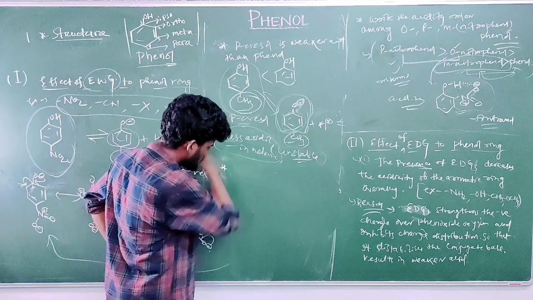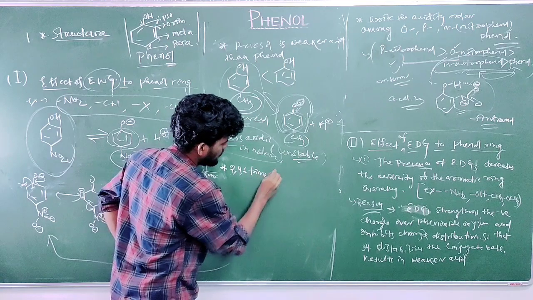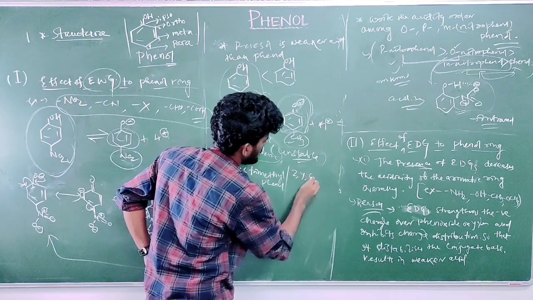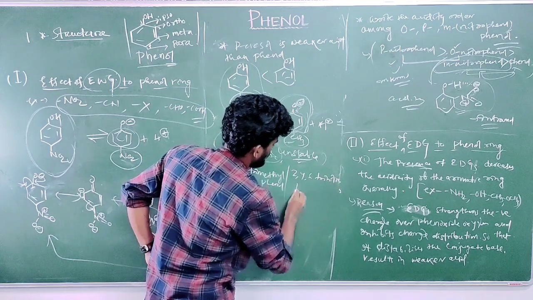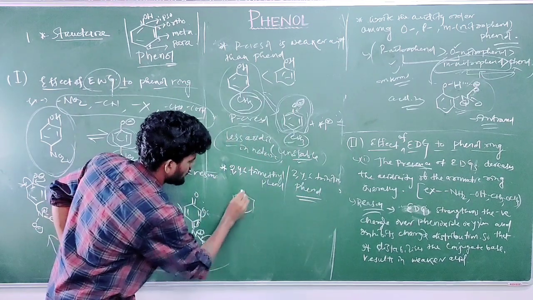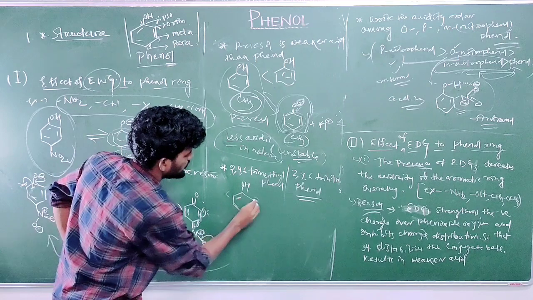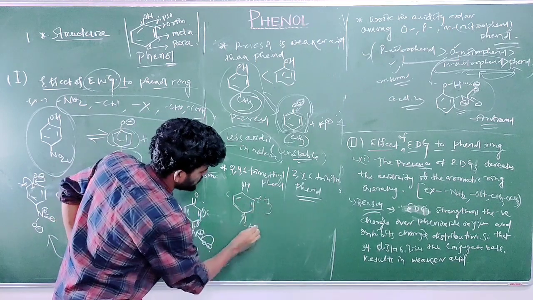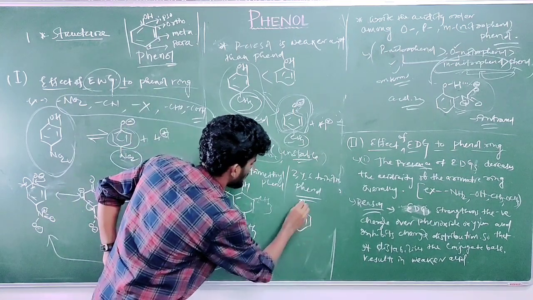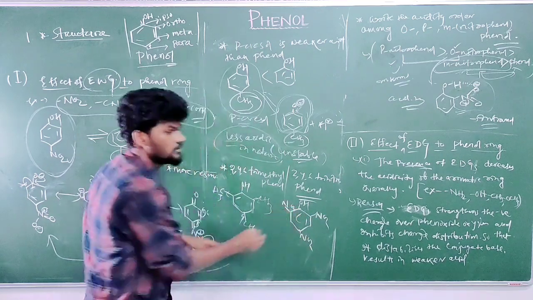Compare the acidity of two compounds, 2,4,6-trimethylphenol and 2,4,6-trinitrophenol. The structures of these two: I am writing phenol, this is the 2 position, this is the 4 position, this is the 6 position, with a CH3 group at each, and a similar structure with NO2 groups, 2,4,6-trinitrophenol. Which is more acidic?